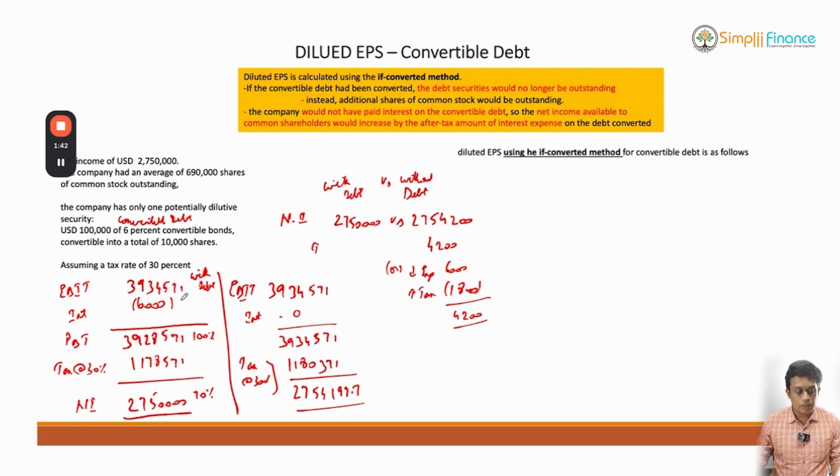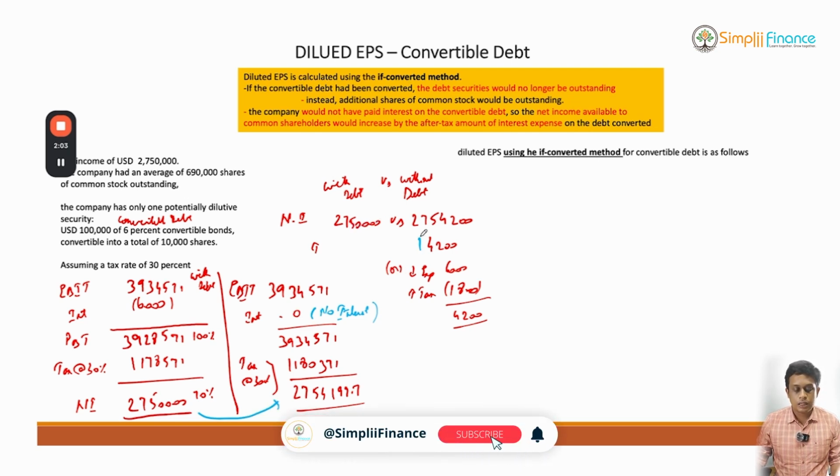Here the earnings before interest and tax is assumed to be the same, but if the debt gets converted, you don't have to pay interest. There's no interest to be paid. So if the debt gets converted, the net income also jumps by this number. Here the jump is seen to be 4,200.